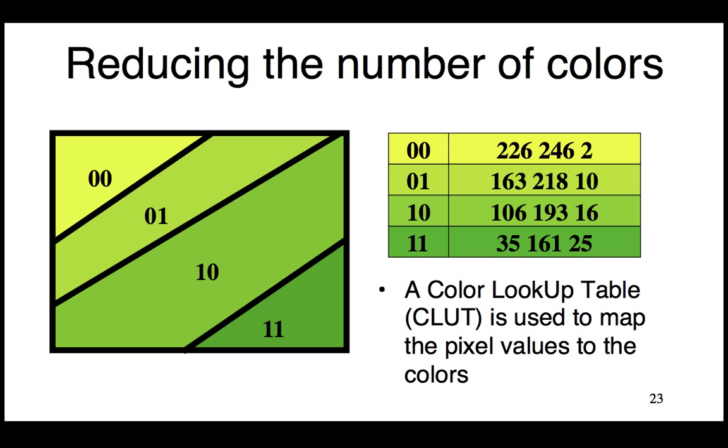So although we do save loads because we're only using 2 bits per pixel, we do have to actually have the overhead of the color lookup table, which will tell us that color 00 has this RGB value, color 01 has this RGB value, color 10 has this RGB value, and color 11 has this RGB value.